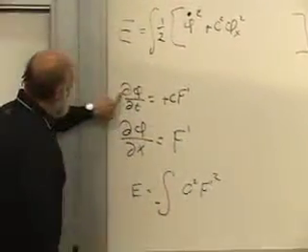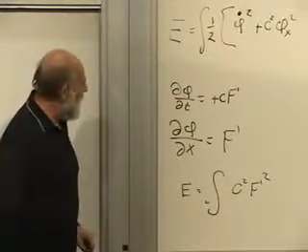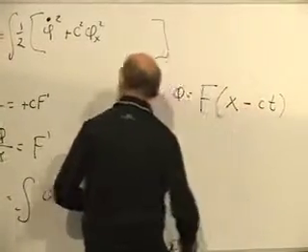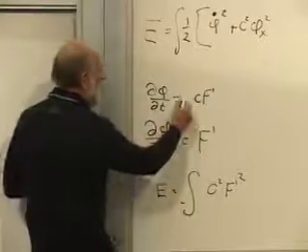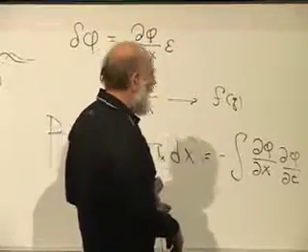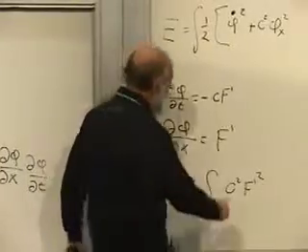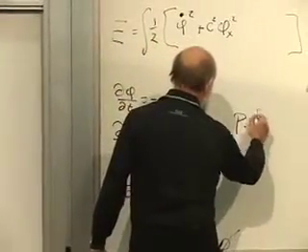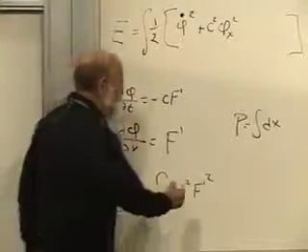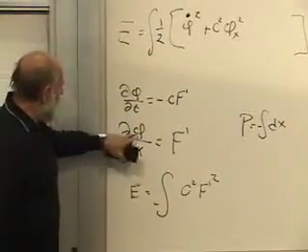Here we are again. dφ/dt is c times f prime. This is the left mover. I want the right mover, and then there's a minus sign here, right? Now we have a right mover, and we have dφ/dx times dφ/dt, and that looks to me like the linear momentum is the integral dx of minus dφ/dt times dφ/dx.